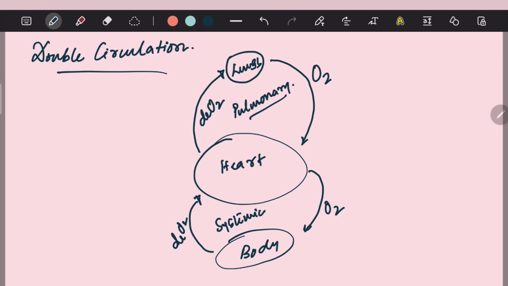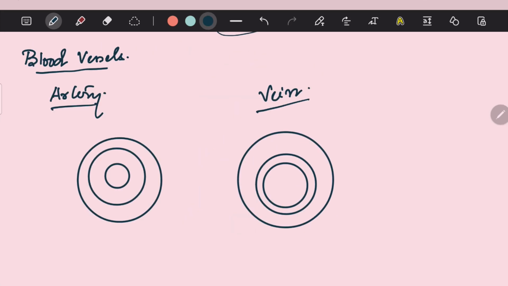Now, once we have known about the different kinds of circulation and how it occurs, let us get a slight idea of the structure of the different blood vessels. If we talk about the basic structure of the blood vessels, that is the arteries and veins, all of these contain a total of 3 layers. Starting from the innermost layer, this is known as the tunica intima, and this is made up of squamous endothelium.